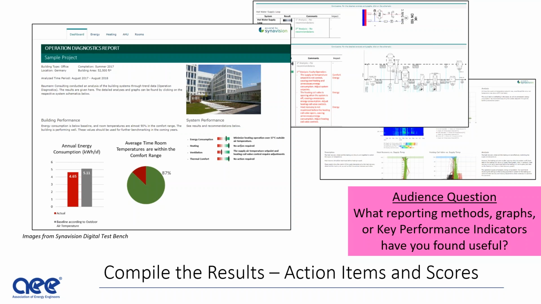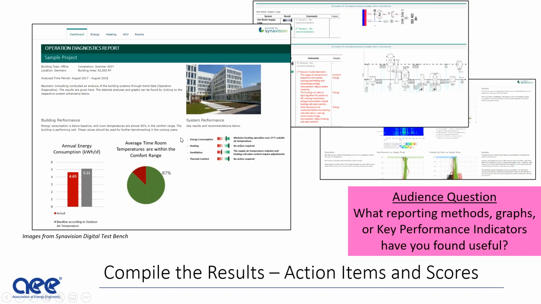What we have here is a tool that we use. It's web-based software that enables creating graphs and then linking them to data that you upload, and then we provide a tiered report where the first thing you look at is the highest tier, the overall high-level assessment and what needs to be done.